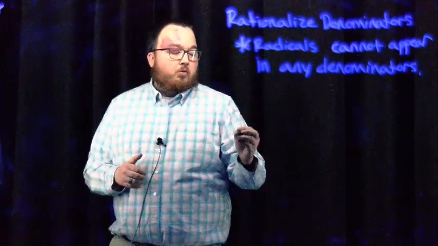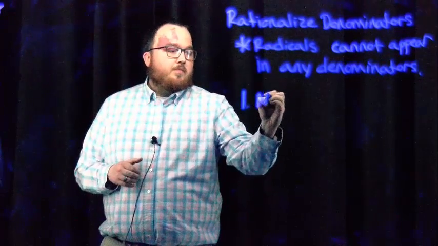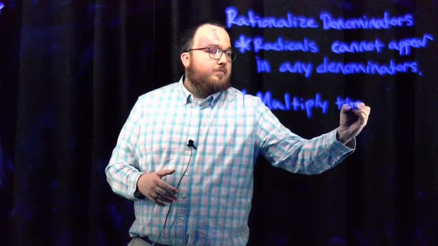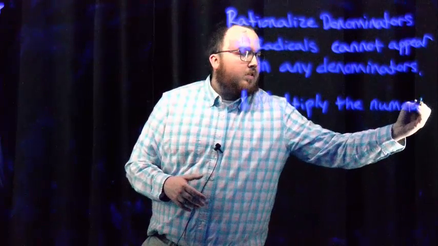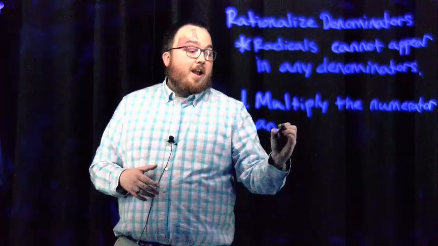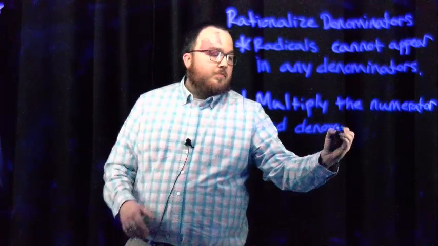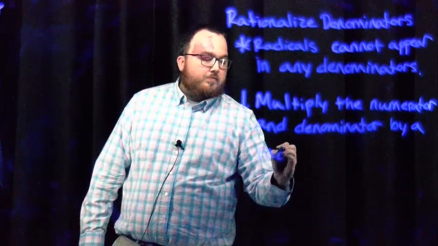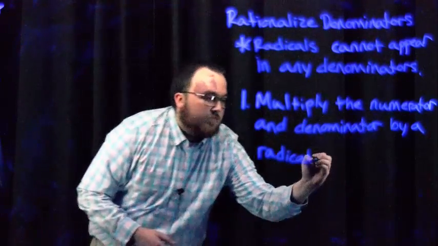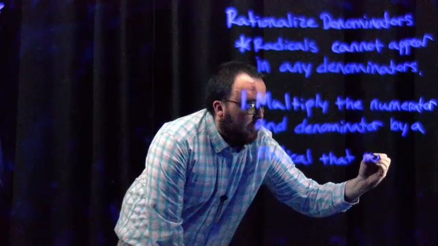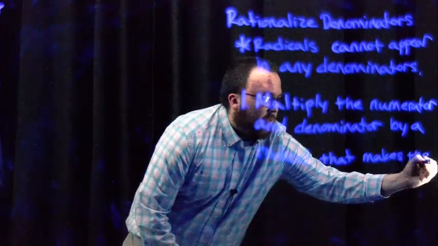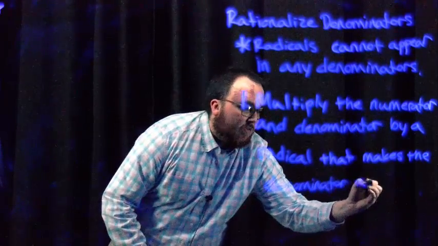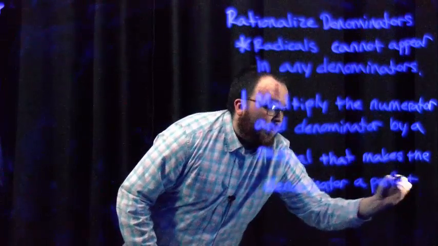Okay? How I do this, step 1: multiply the numerator and the denominator by a radical that makes the denominator a perfect power.